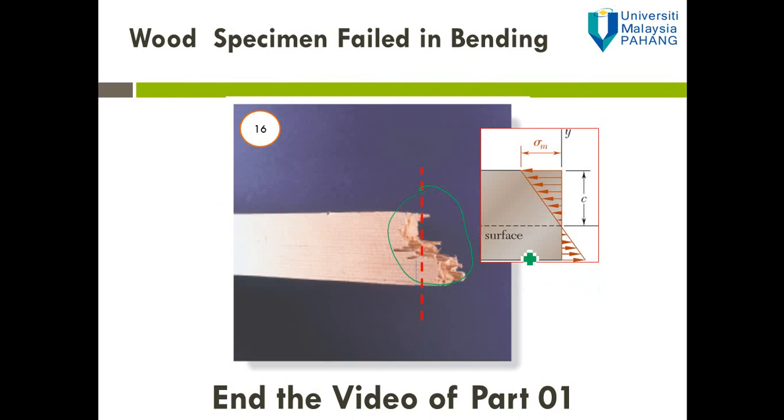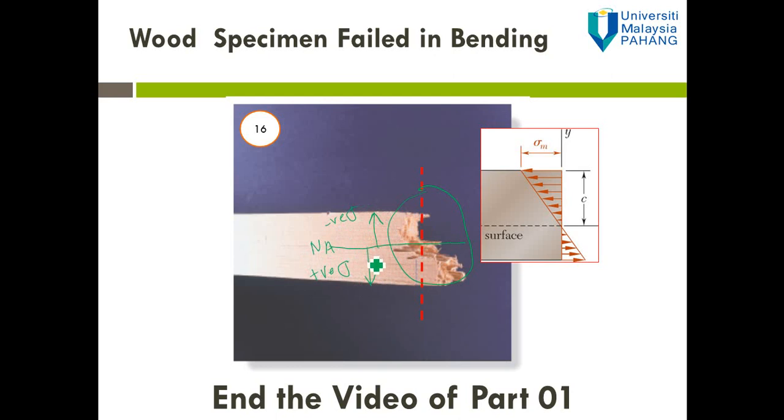For this case, below the neutral axis is in tension, and above the neutral axis is compression, negative and positive. That is the neutral axis.